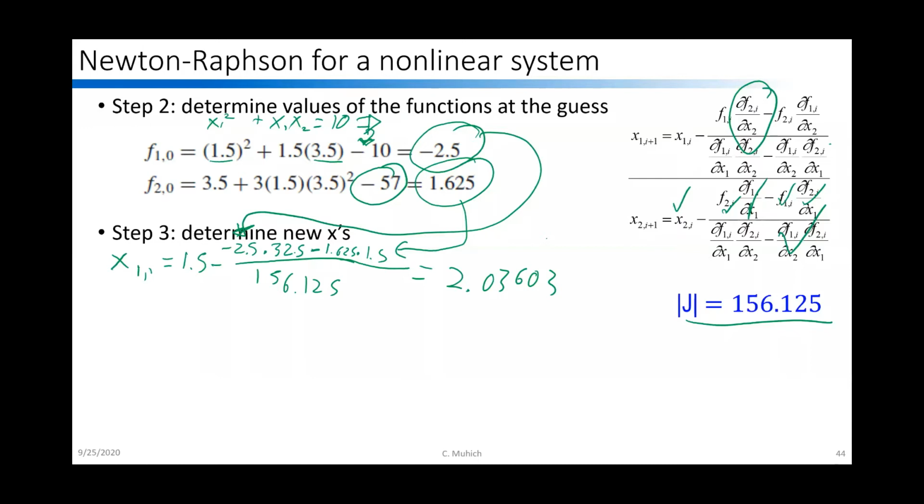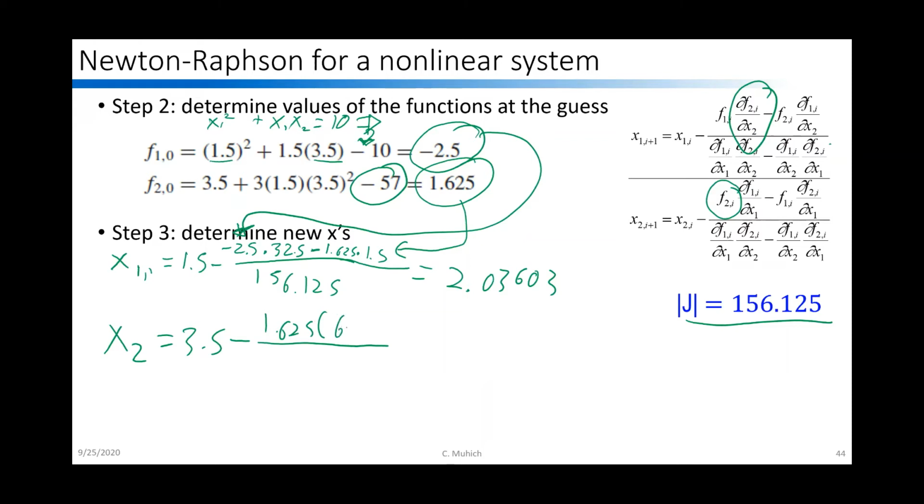Now I'm ready to compute the value of x2. I have my old value of x2, which is 3.5, minus now I need the value of f2, that's 1.625 times the derivative of f1 with respect to x1.